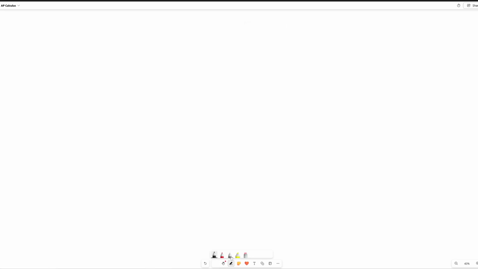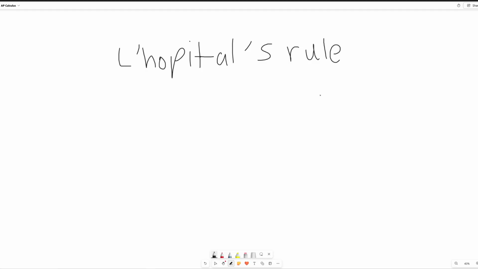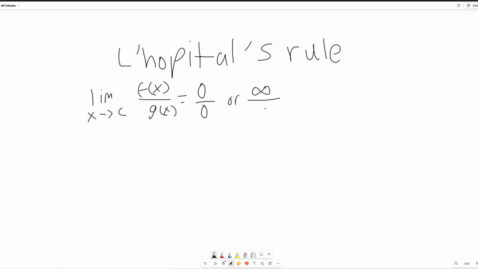Finally, we have everyone's favorite, L'Hopital's rule. Okay, so what is this saying? It's saying that you have a limit as x approaches a number of f of x over g of x equals 0 over 0, more commonly, or it can be infinity over infinity.